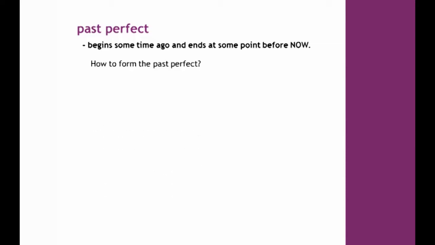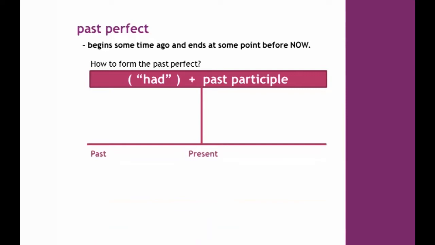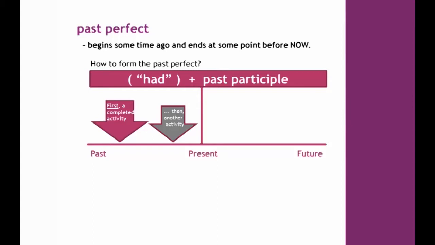How to form the past perfect? We have the verb had plus the past participle of the verb. In the timeline, we have past, present, and future. The action, remember, is first a completed activity, and then there is another activity within the time frame of the past.